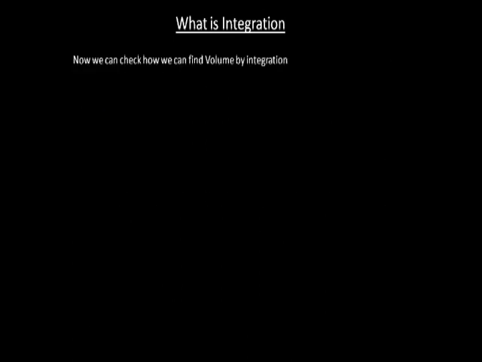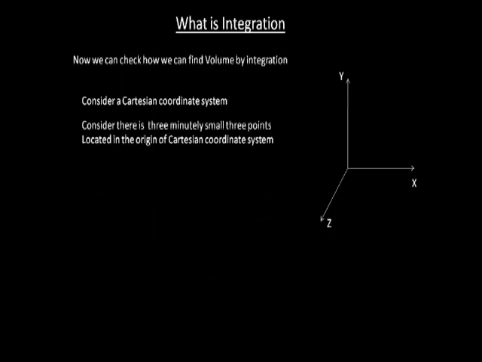Now we can check how we can find the volume by integration. Let us consider a Cartesian coordinate system. There are axes x, y and z. Now we consider three minute small points located at the origin of the Cartesian coordinate system, that is dx, dy and dz.